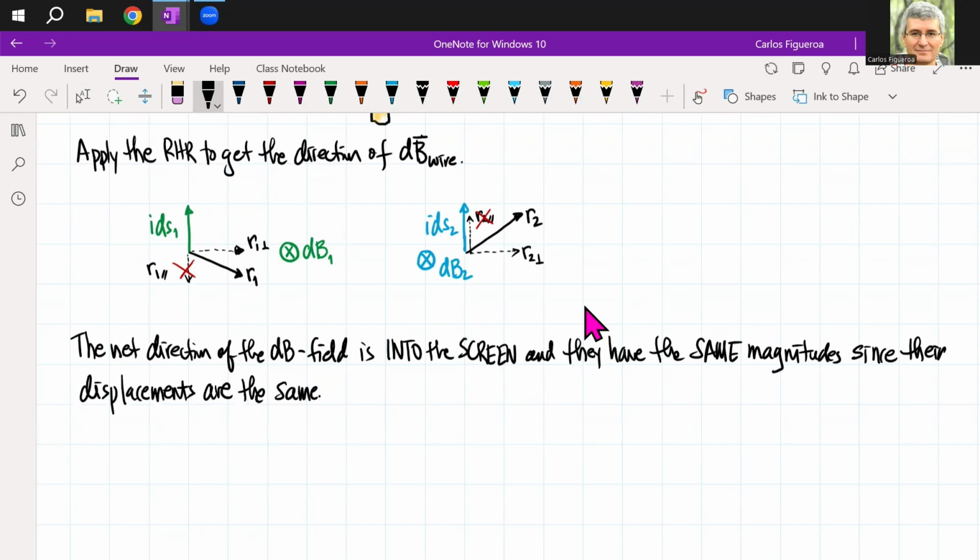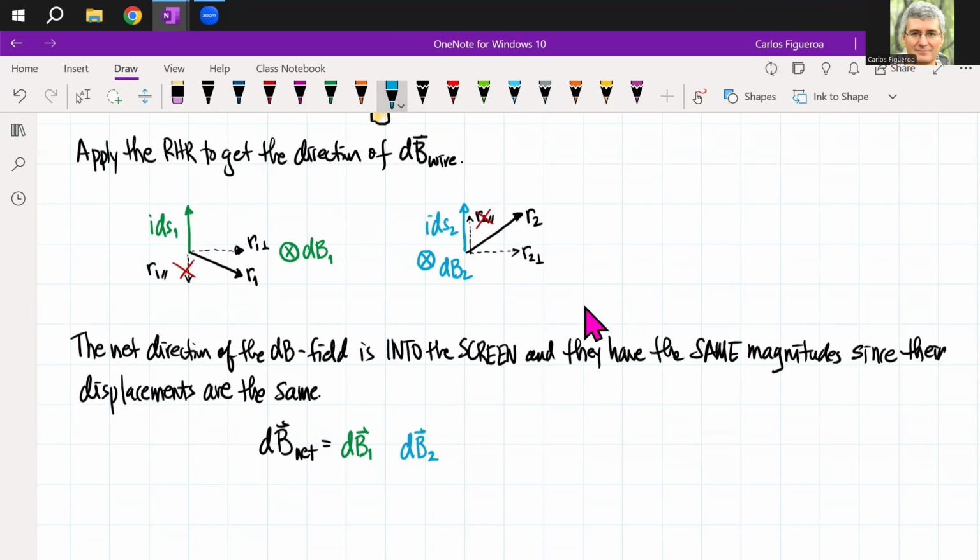That being the case here, we could then say that I have B net, and I have two components. I have one due to the green, and I have one due to the blue.